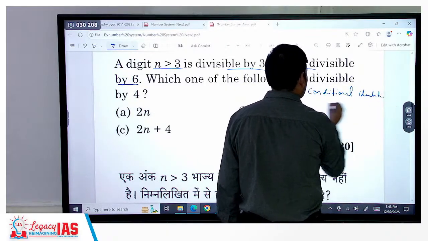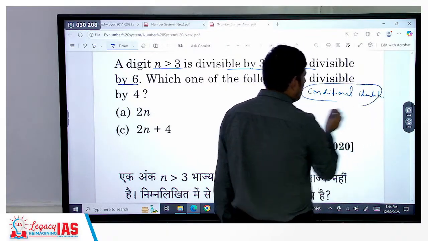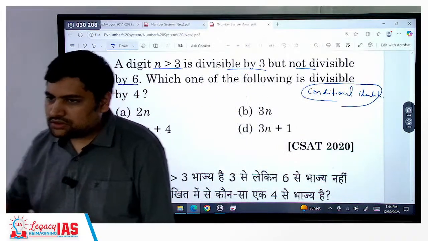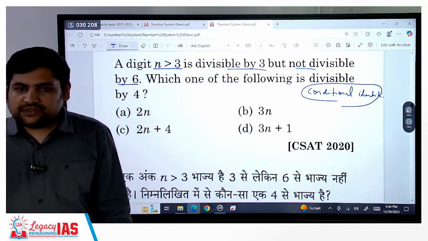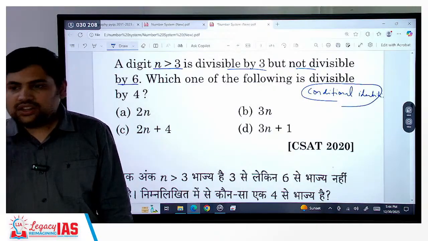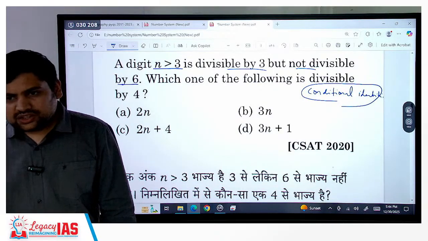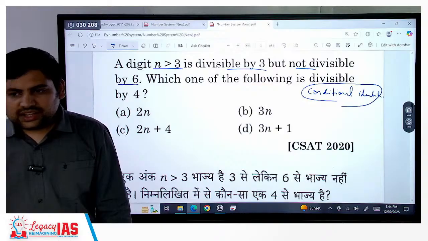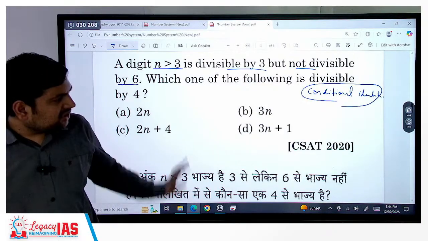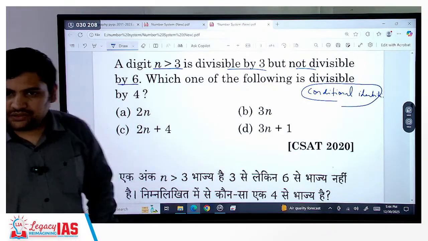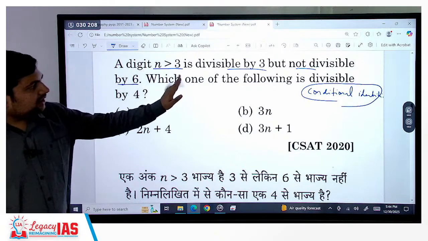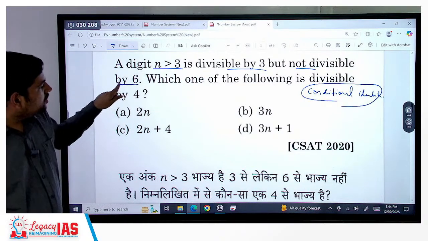I think we have also seen this in some other chapter. In conditional identities, what we usually do is pick some value that satisfies the given properties. Then we directly use it in options. That way it is quicker, and you need not get into the real mathematics part of it.